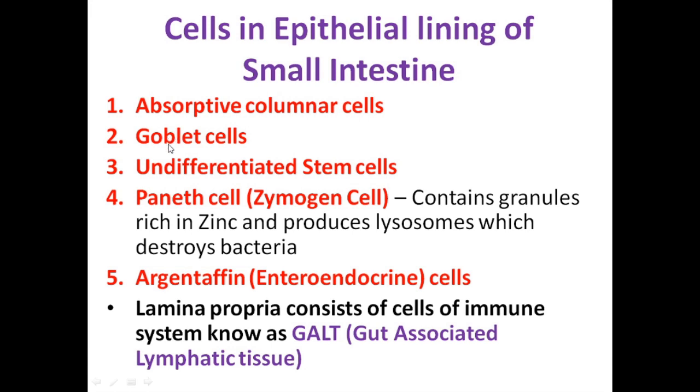Then there will be very few scattered goblet cells, which are unicellular and secrete mucus. Then there will be undifferentiated stem cells present at the base of the crypts of Lieberkühn, which multiply to grow new cells as they get worn out over the surface.